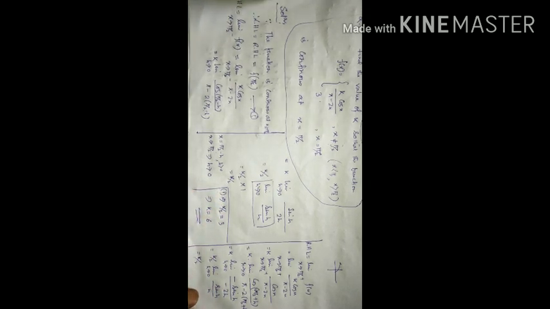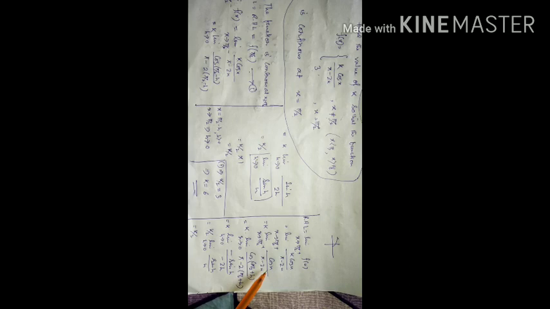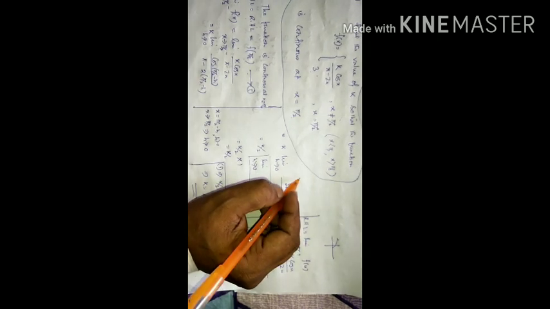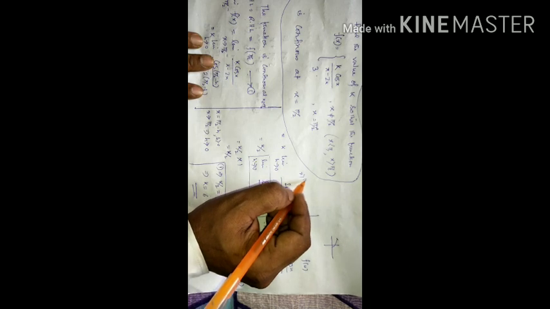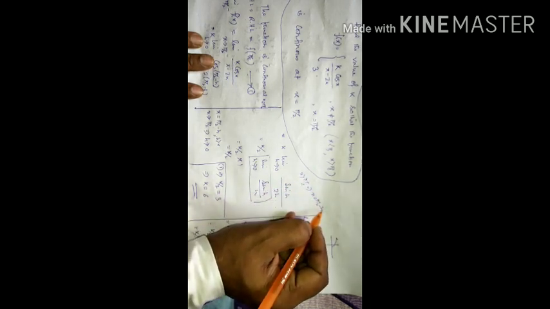Okay, now comes the right hand limit. The right hand limit is limit x tends to pi by 2 plus of f(x). In the same way, x greater than pi by 2 means x is not equal to pi by 2, so the functional value is k cos x over (pi minus 2x), and k will come out. Here I am replacing x by pi by 2 plus h, where h is a positive quantity.